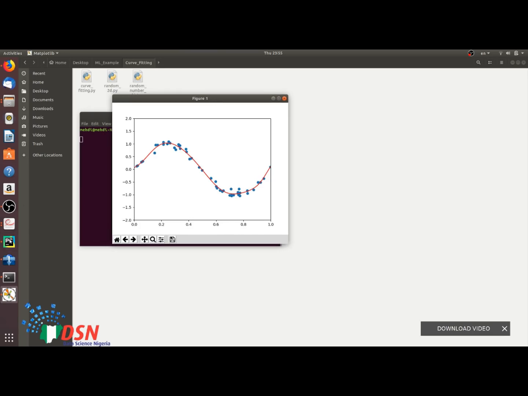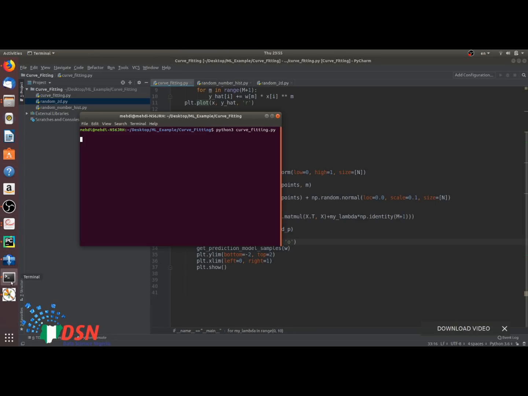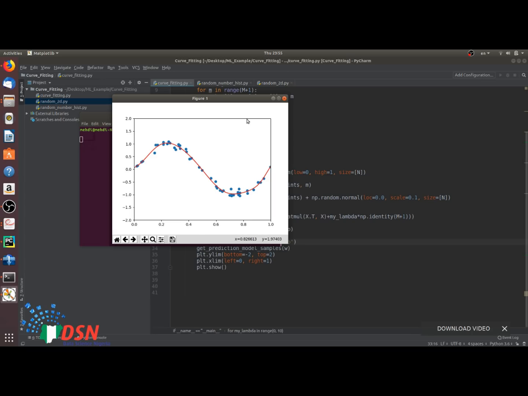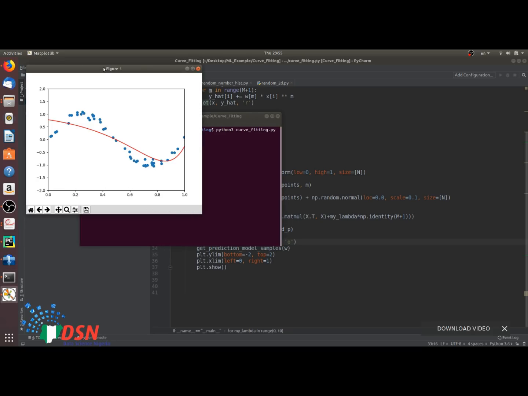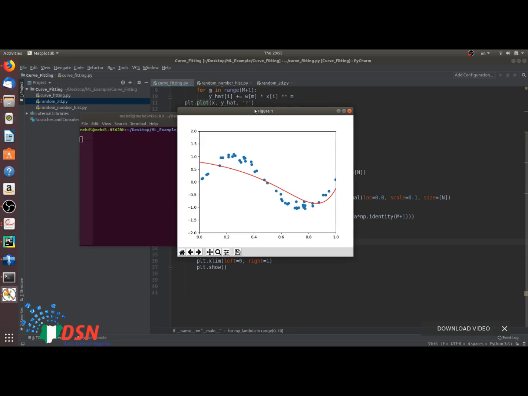As you could see, these are the sample data points, and this is the curve that we fit to these data points. And in here we are increasing the coefficient of regularization, or in other words, we are increasing the lambdas.